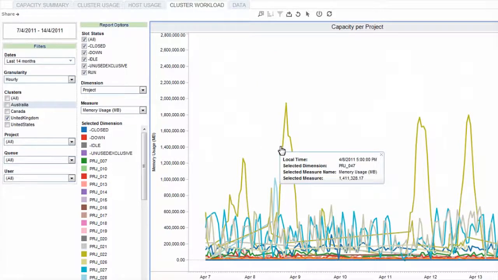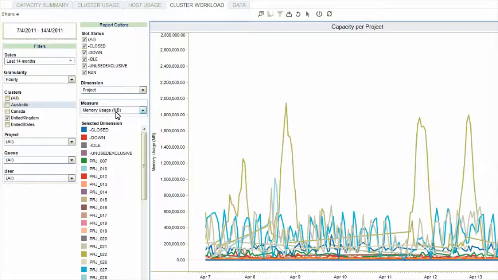At this instant in time, jobs associated with Project 47 were using a total of 1.4 terabytes of memory across all UK cluster resources. I'll view this in terms of slots instead.